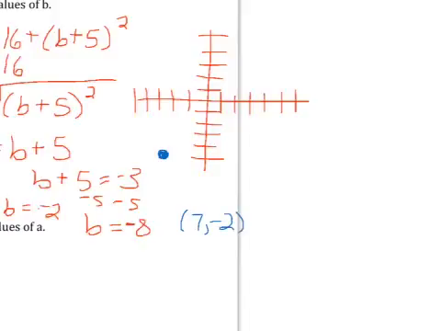So (7, -2), let's see, 1, 2, 3, 4, 5, 6. Oh, we need one more tick mark. (7, -2) is 5 units away, this way with the hypotenuse.